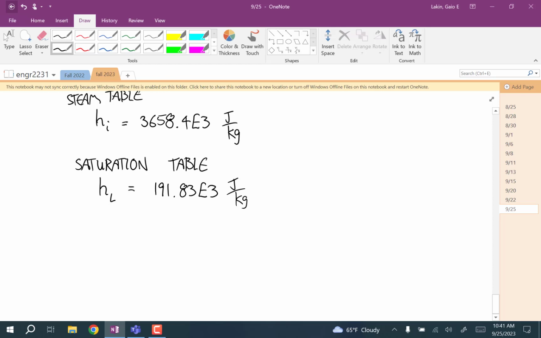And the same line in the saturation table also tells us that the enthalpy for the gas at saturation is 2584.7 times 10 to the 3 joules per kilogram.